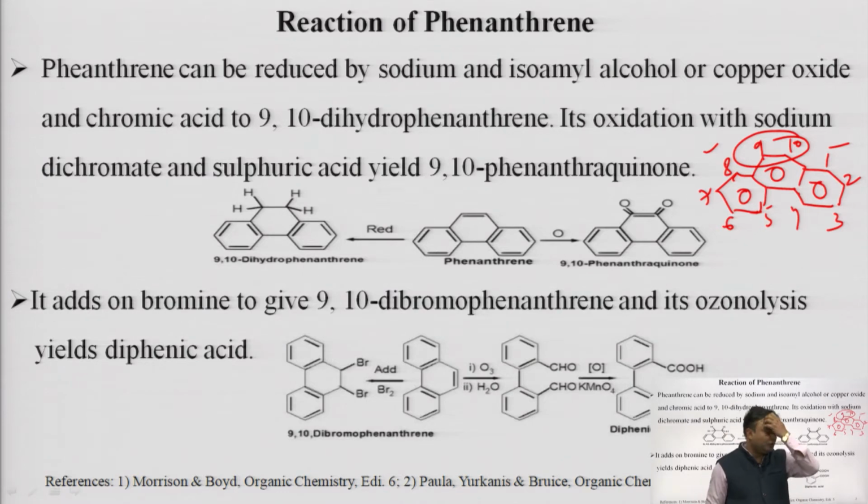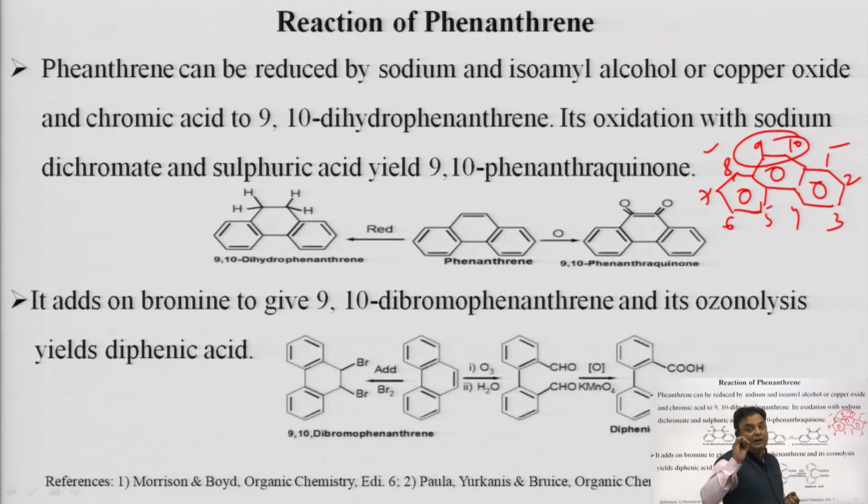Suppose we are going for halogenation: we treat the phenanthrene ring with a halogen in the presence of some Lewis acid. If we are not using a Lewis acid, electrophilic substitution will not take place, and the halogen will be added by an addition reaction.